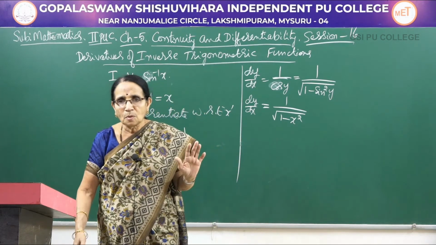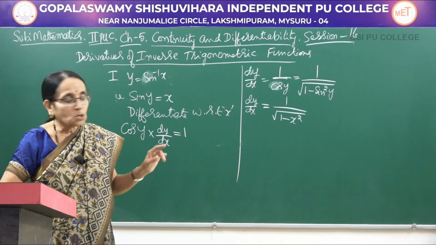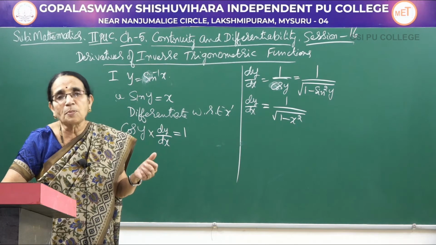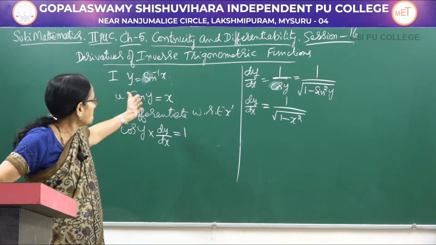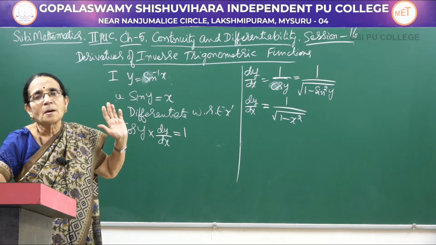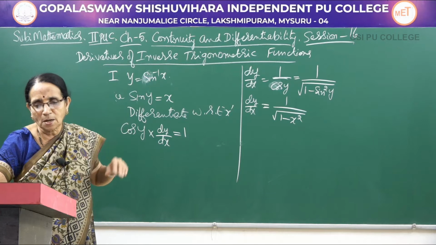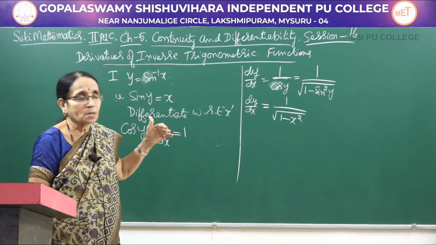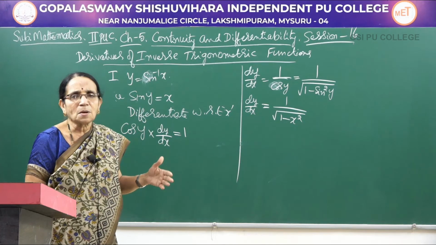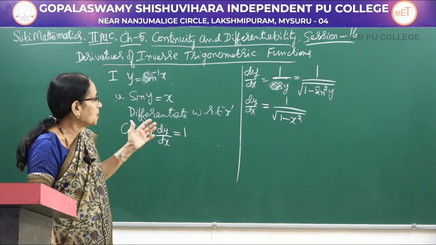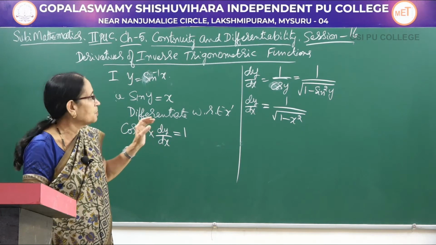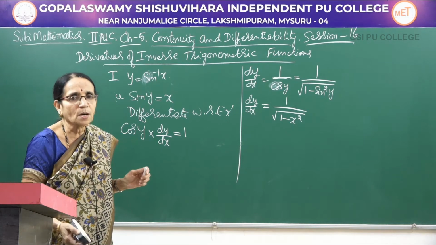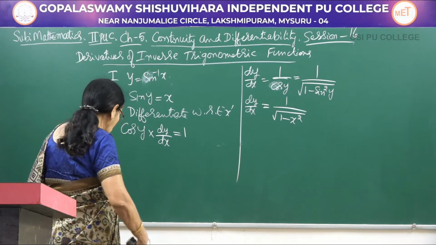So the domain should be taken as the open interval -1 to +1, and automatically y belongs to the open interval minus pi by 2 to plus pi by 2. Usually that won't be asked here. If at all the derivation is asked, it can be expected for a 2-mark question. Otherwise, you have to learn the formula by heart: whenever y is sin inverse x, the derivative is 1 over square root of 1 minus x square.